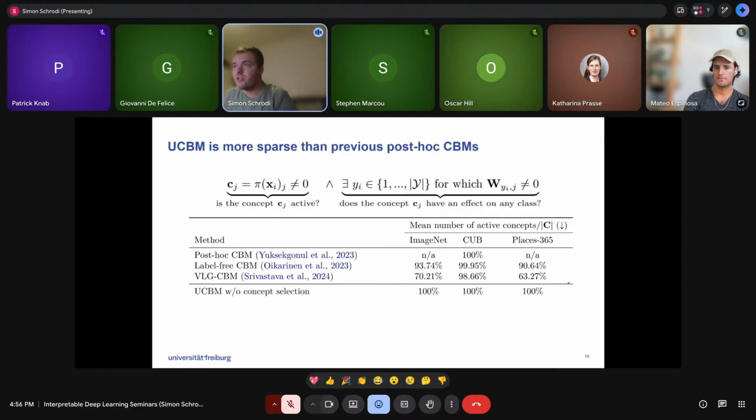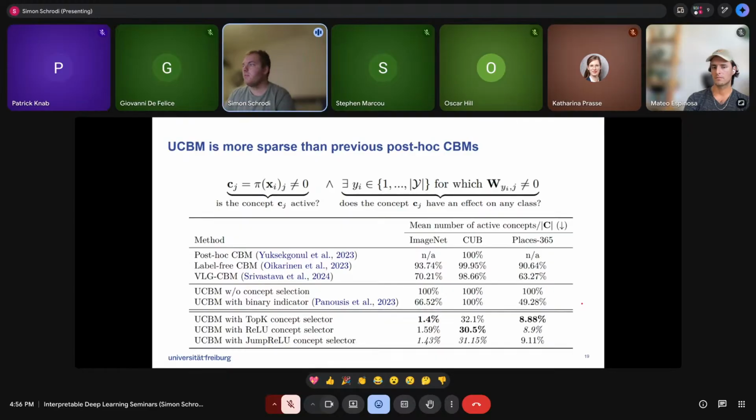Now coming to UCBM, we see that without concept selection, as expected, we get 100%. So we always use all the concepts, which is exactly the worst case scenario here. There was also another paper, which we later found had a similar idea, which used a binary indicator, but it also didn't get the sparsity levels really down.